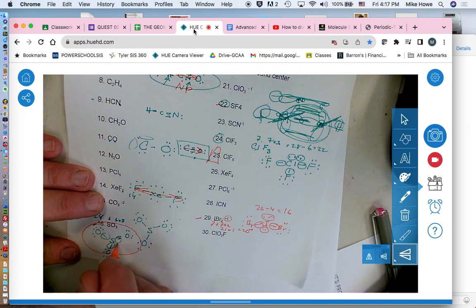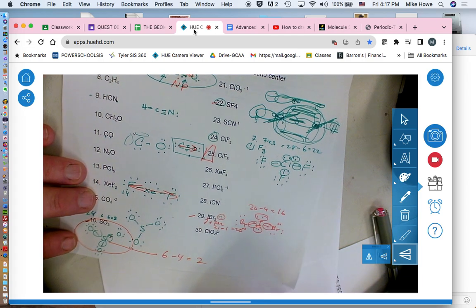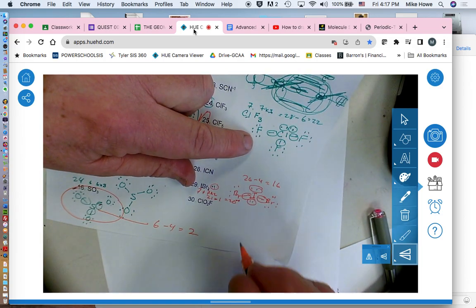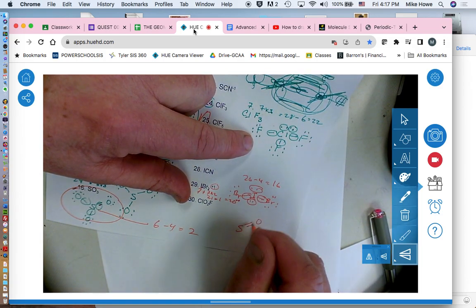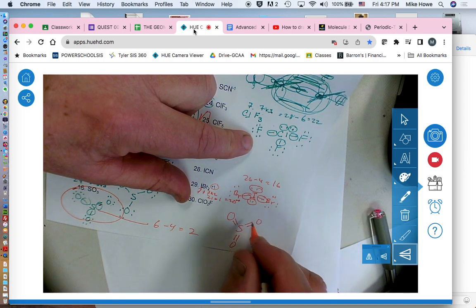But if you look at the formal charge on the sulfur, that guy has 6 valence electrons. Take away 1, 2, 3, 4, half of the shared, that's 4. There aren't any unshared. That gives you a formal charge of 2. But if you look this up on the internet, you'll find it looks like this when the pictures pop up. So what we've done is expanded the octet and made 12: 2, 4, 6, 8, 10, 12.